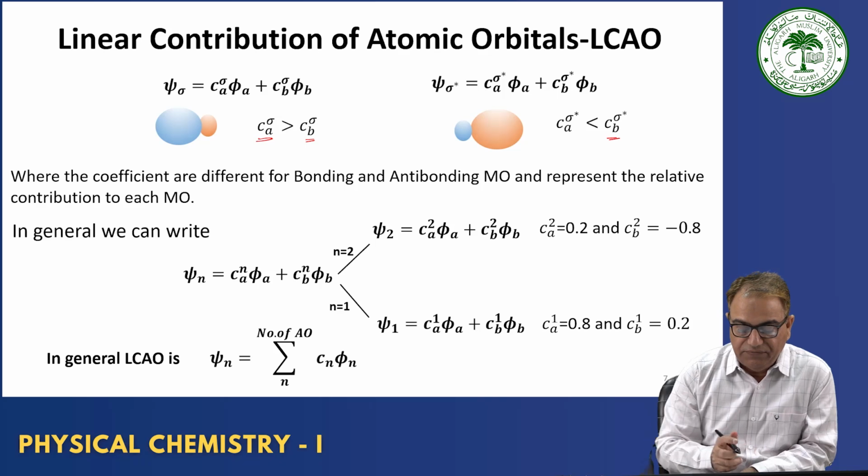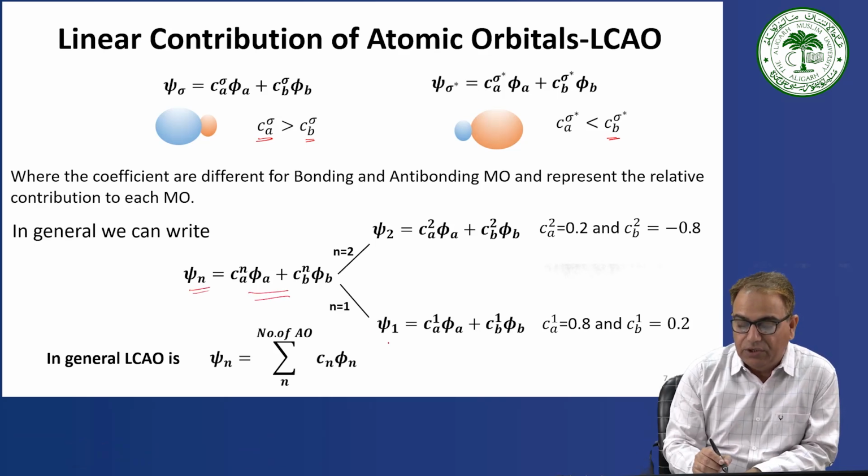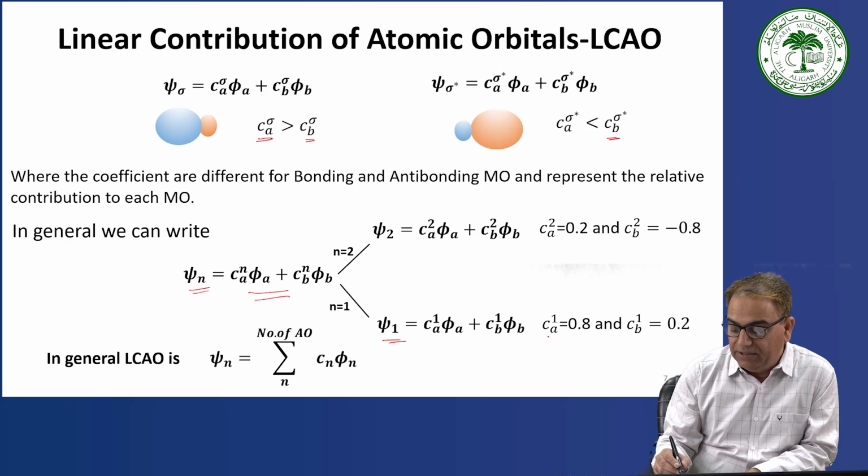Okay. So if this is your linear combination of atomic orbitals, then for n equal to 1, psi 1, Ca1 is 0.8 and Cb1 is 0.2.